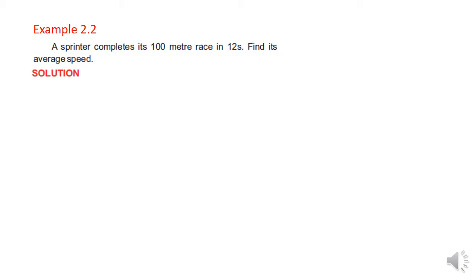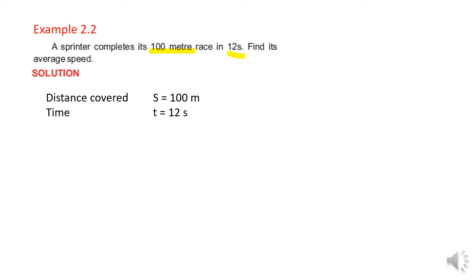So, to solve the given example, first, how much distance the sprinter covers, which is given in the example. Let me highlight it. The distance covered is 100 meter. We usually represent the distance by s. So the distance is 100 meter. Next, the time which is given in the example, which is 12 seconds.